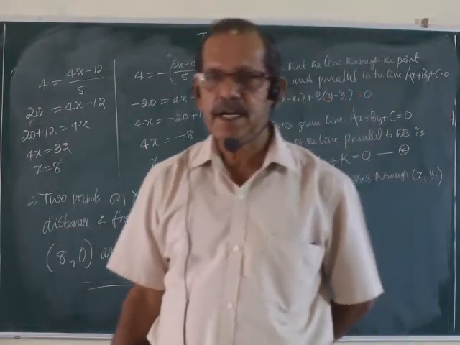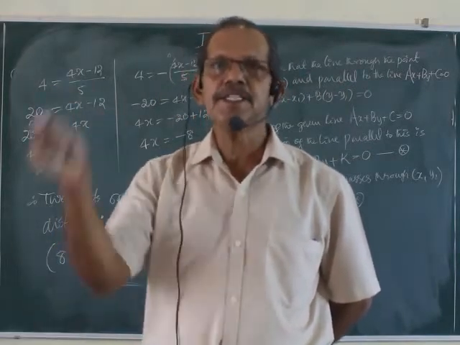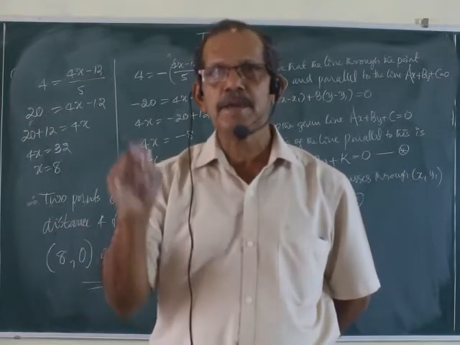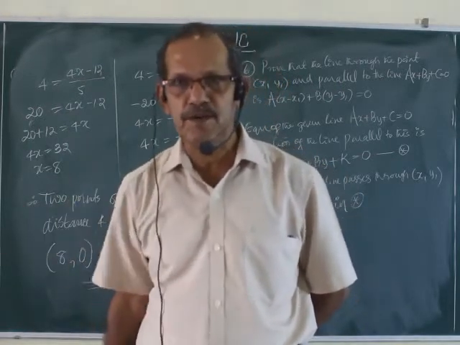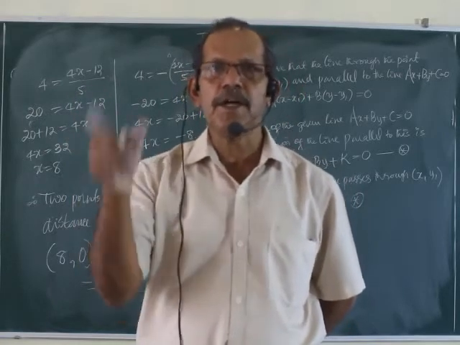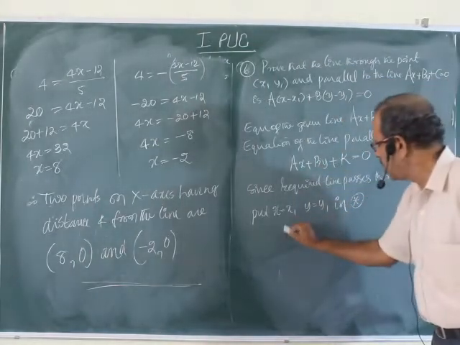That's what we have written in that formula list. If the equation of the line is ax plus by plus c equal to 0, then the equation of any line parallel to this is of the form ax plus by plus k equal to 0. To find k, put the x and y coordinates of the point on the line. Same thing you are doing here. What happens?